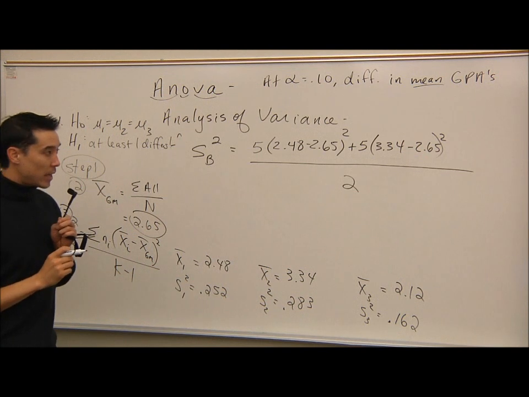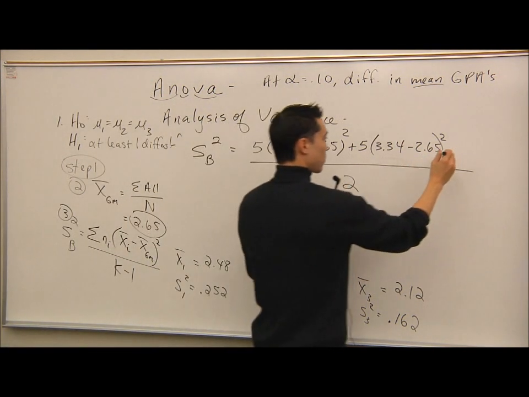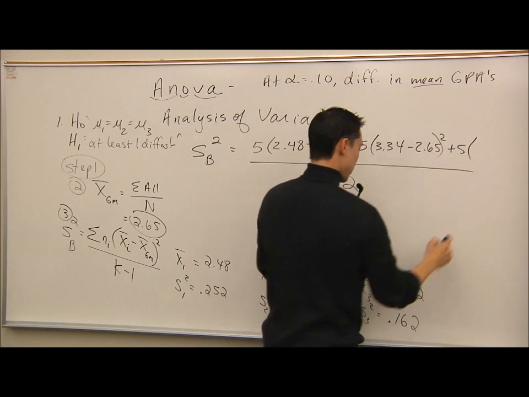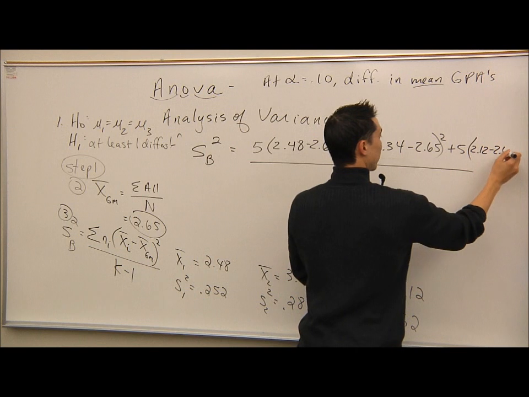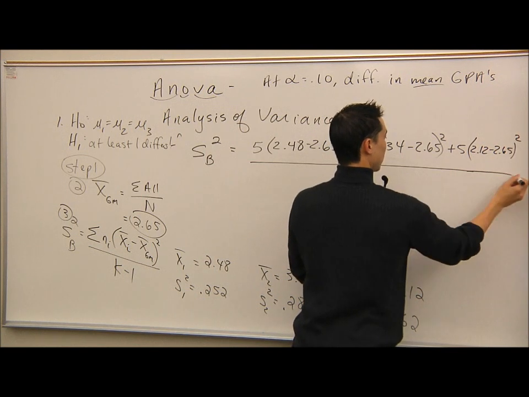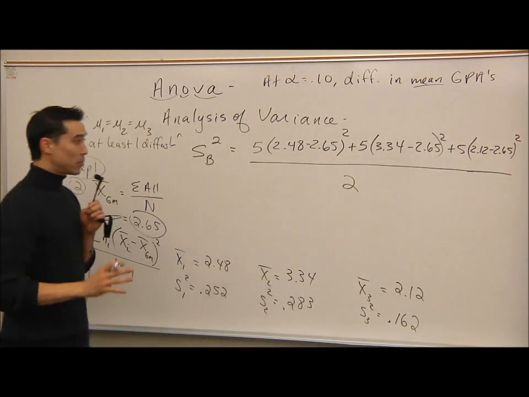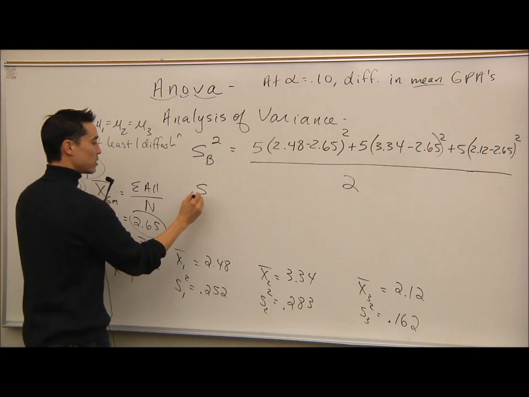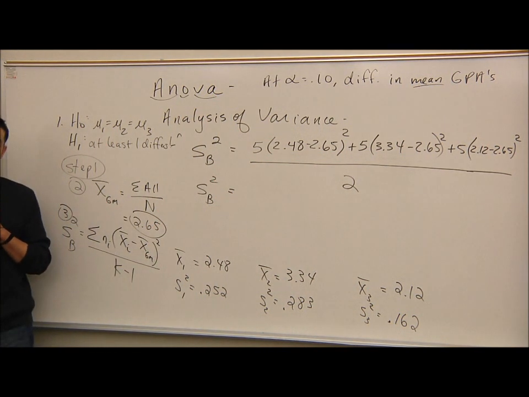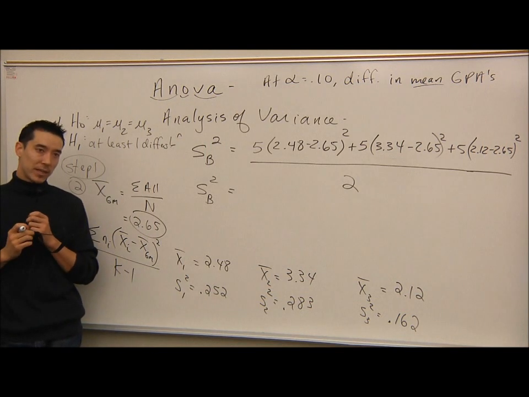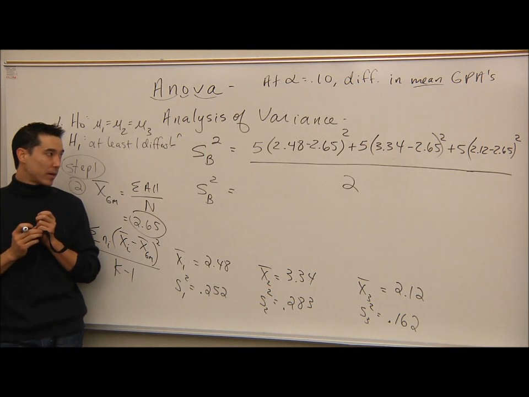And then I have one more group to do, plus there were 5 hockey players. Their mean GPA was 2.12 minus the grand mean quantity squared. Okay? So when you put all of that together, that gives you what we call S B squared, which is our between group variance. That's what the B stands for, between group variance.